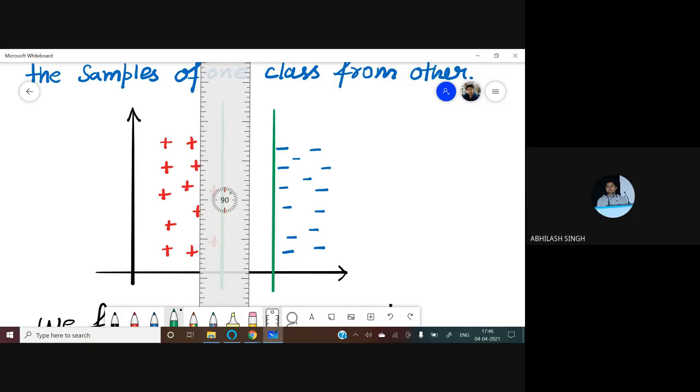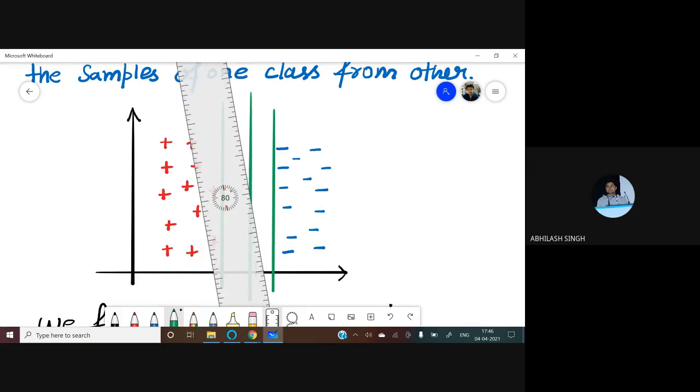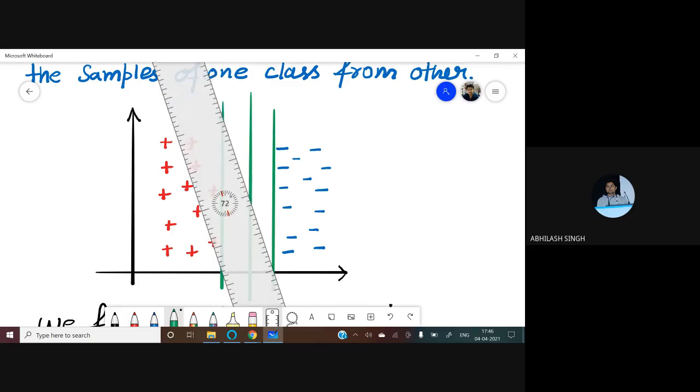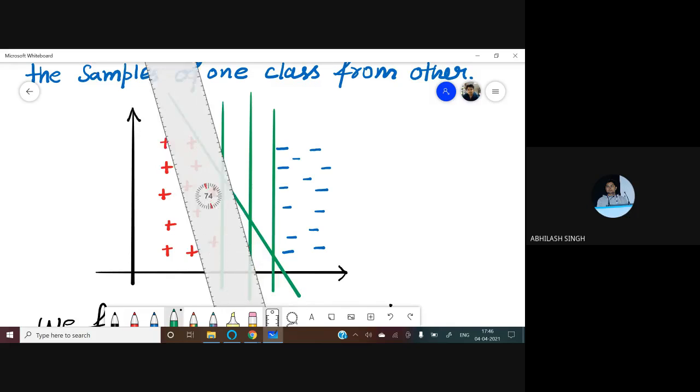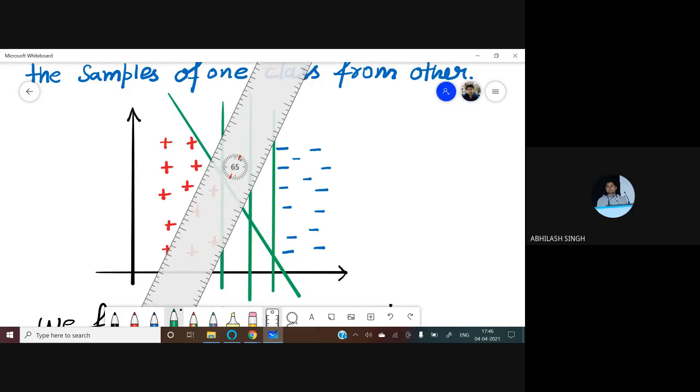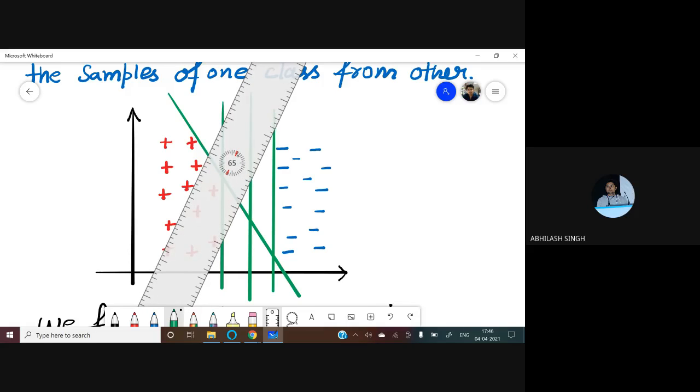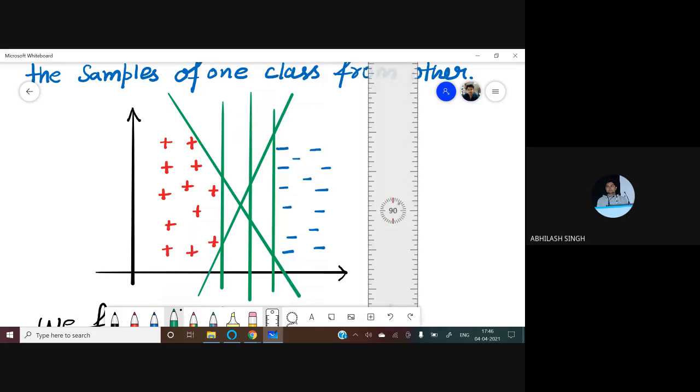One may also say that the line in the middle is separating these two classes perfectly. And some people may say that this line is also separating perfectly, without any misclassification.